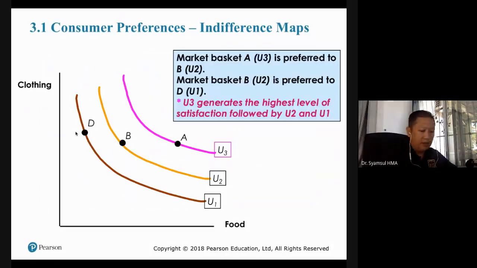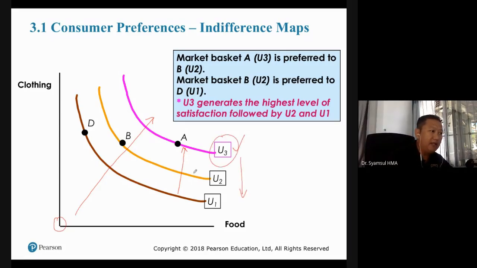You can see that indifference curves are not limited to one; you can have more than one, and as you go higher, further from the origin, you have more utility. So you know that utility 3 is higher than the rest, these two. So this is more preferred than these two.